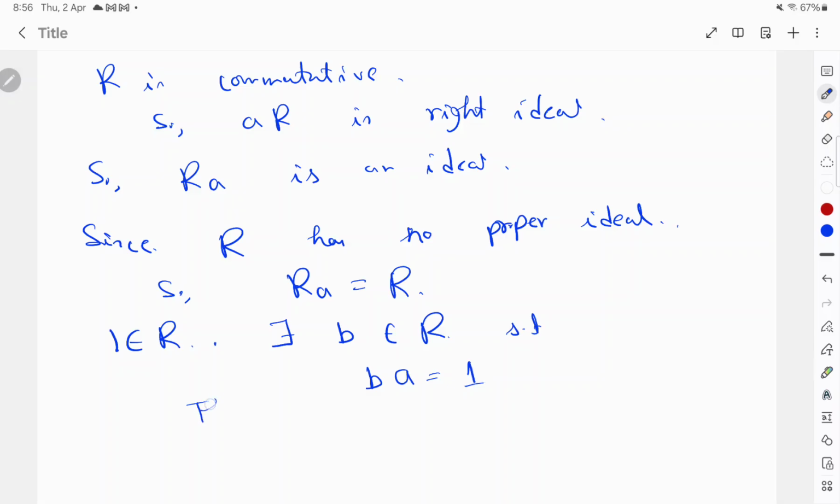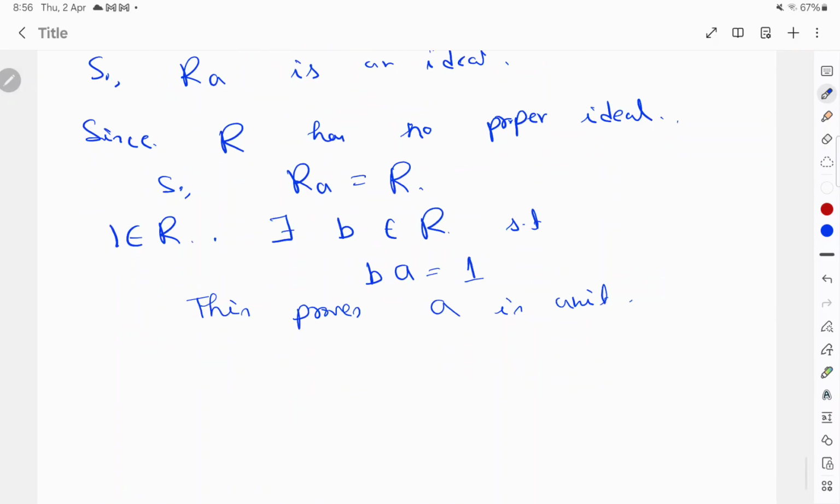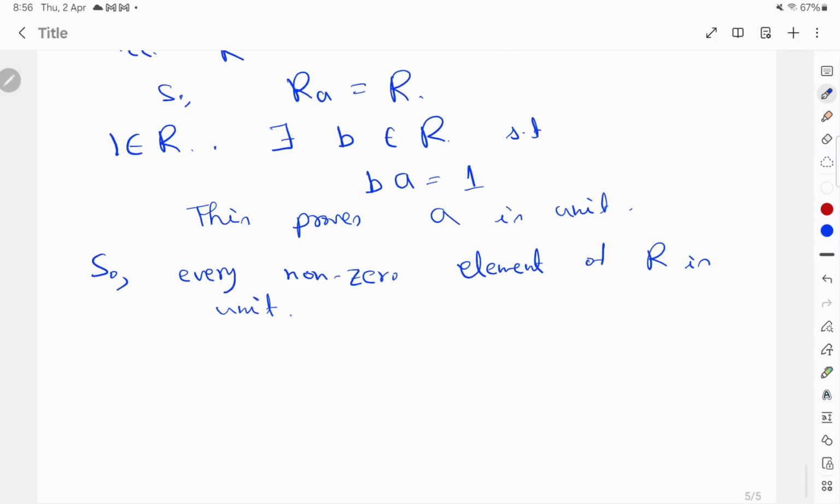This proves a is a unit. So you have taken some random element, right? So every non-zero element of R is a unit. So this proves R is a field.